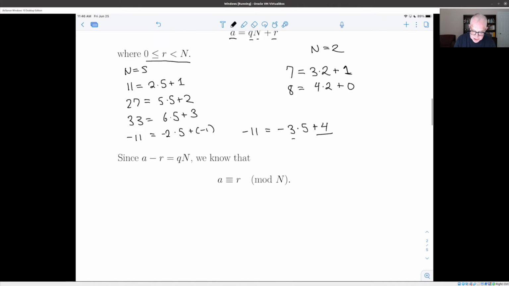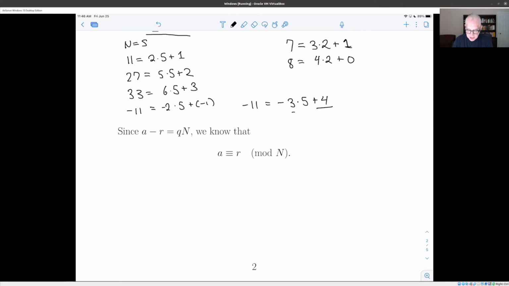And of course, this is closely related to the notion of congruence, because if a is qn plus r, that tells us that a minus r is qn, and so a is congruent to r mod n.